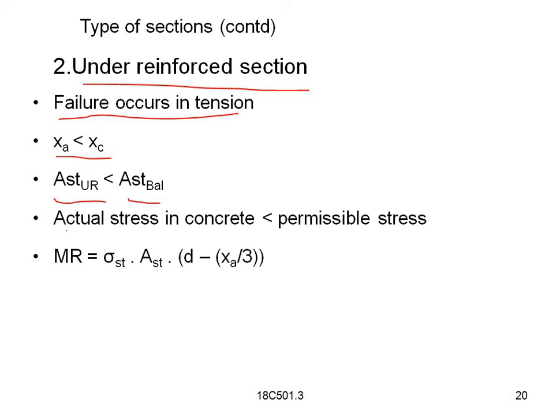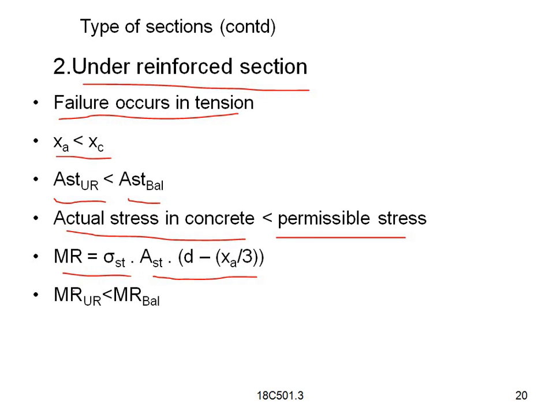Therefore, actual stress in concrete is less than permissible stress. So moment of resistance MR is equal to sigma ST into AST into D minus XA by 3. This is the formula for the moment of resistance. So MR under reinforced is less than MR balanced section.